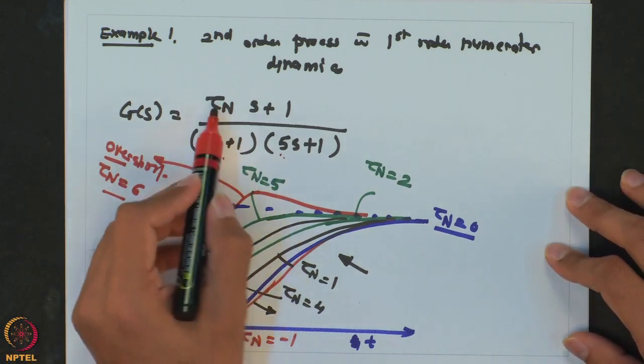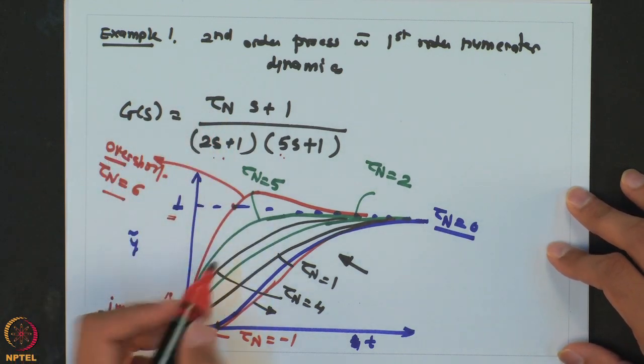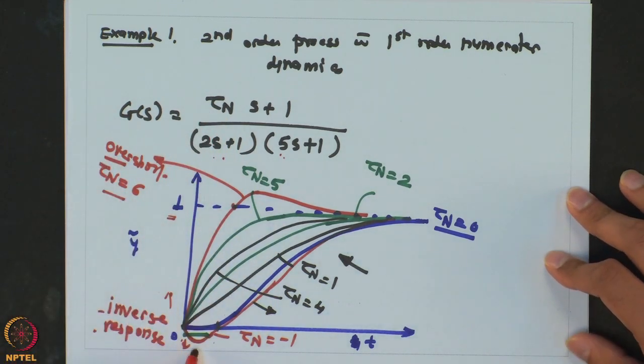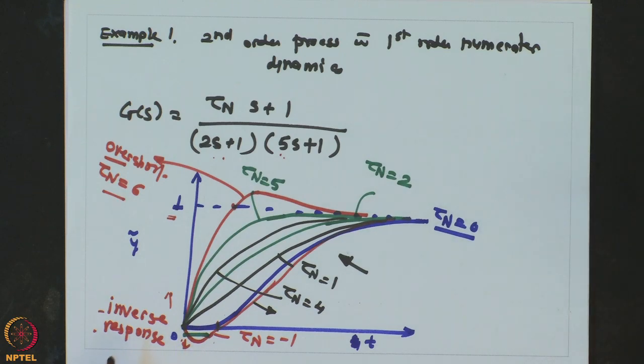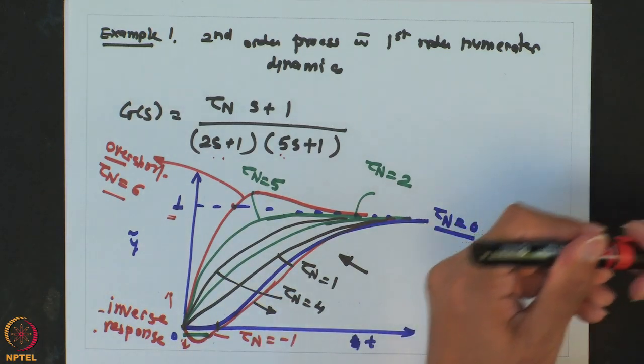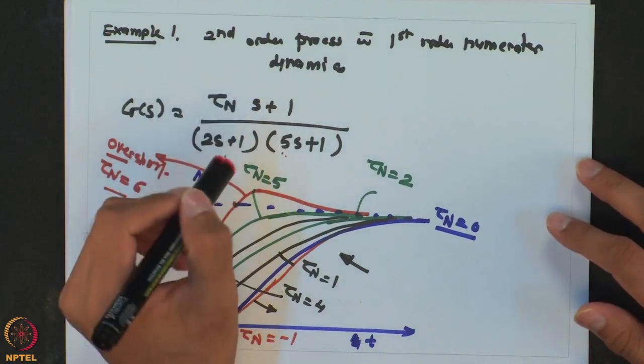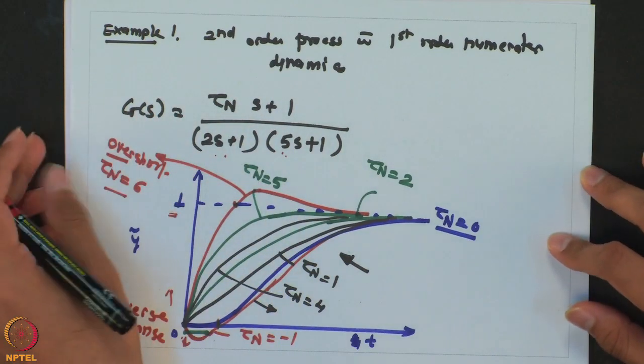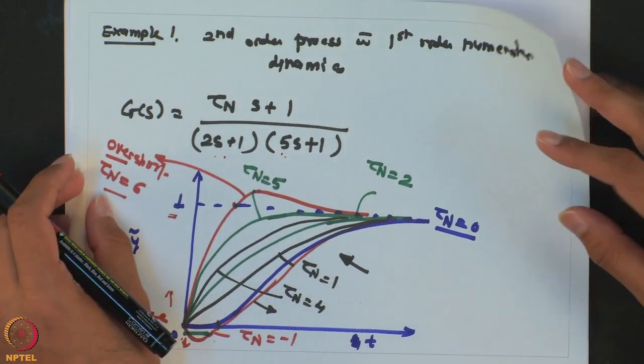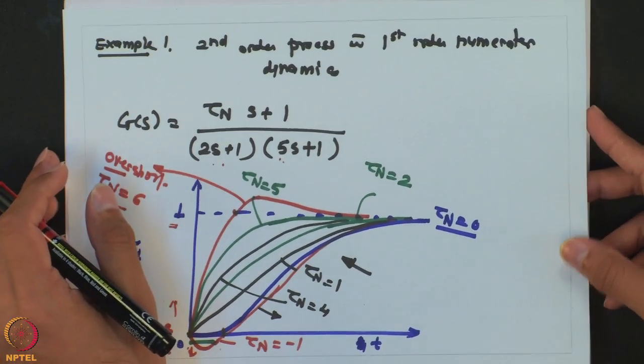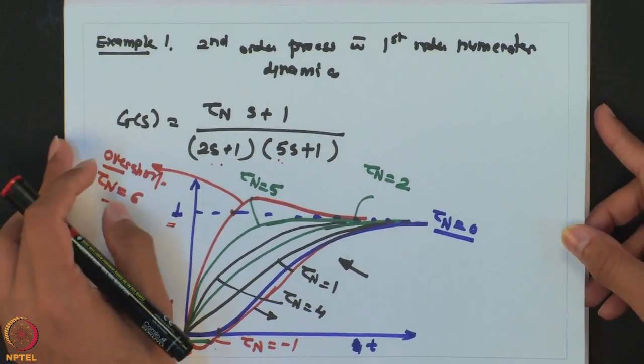So, by having the contribution change between these dynamic modes, you can have overshoot and you can also have inverse response. All that is the product of this numerator transfer function, which is tau n s plus 1. So, by just changing the numerator dynamics, you can have a wide variety of possibilities the system can exhibit.